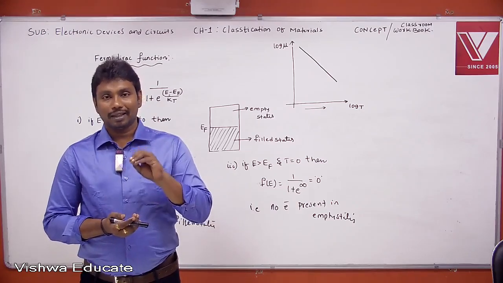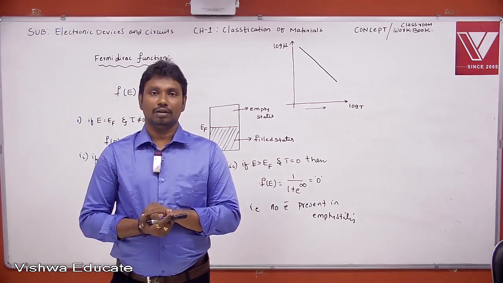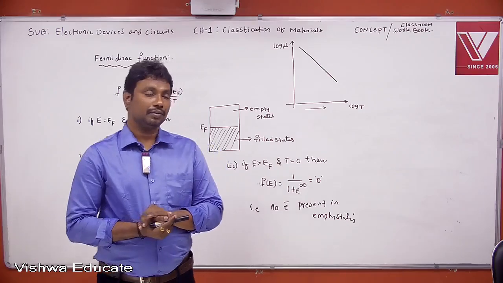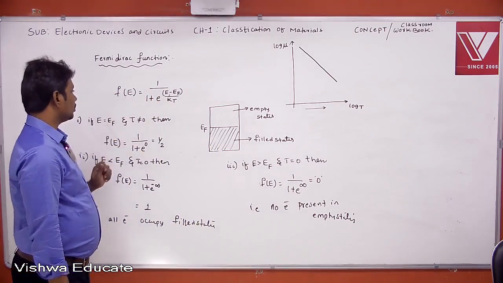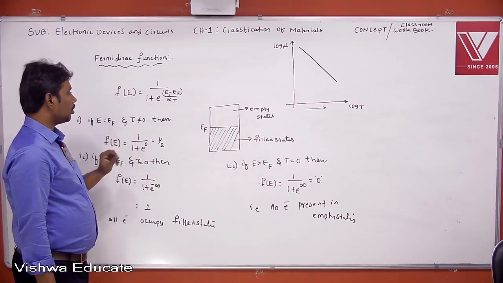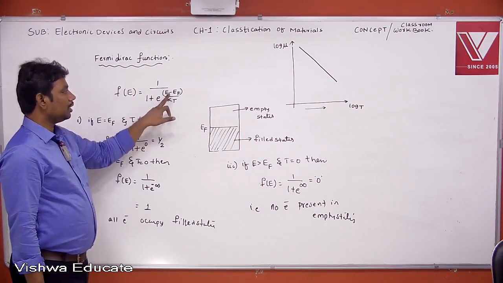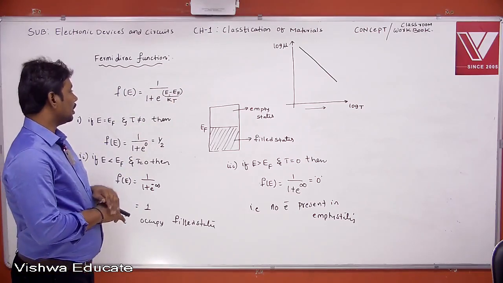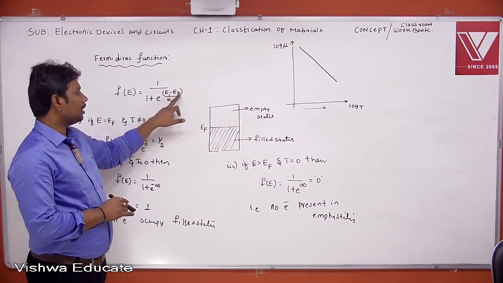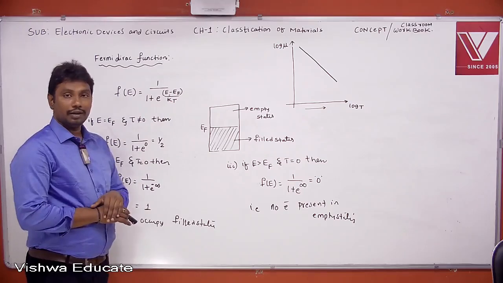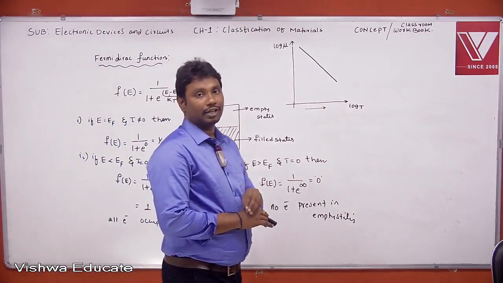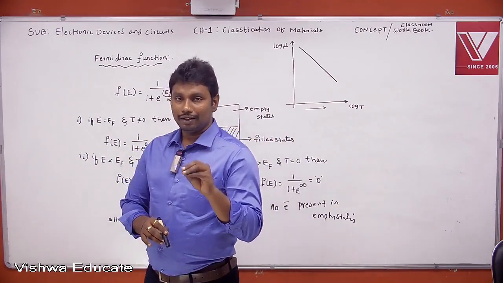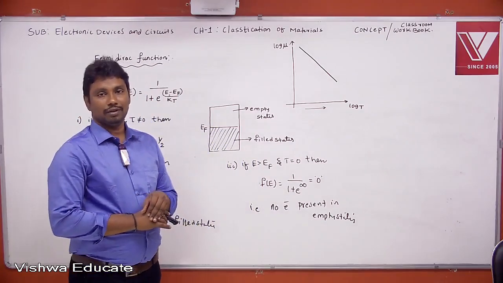Mathematically, the Fermi-Dirac function is given by f of E equal to 1 by 1 plus e power (E minus EF) by kT, where E is the given energy level and EF is the Fermi energy level.